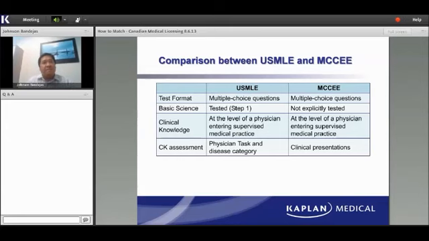They do not test you on the basic sciences because it is understood that you know them, and they are, in a way, incorporated in the MCEE questions. As I said, the MCEE covers the following areas: child health, maternal health, adult health, mental health, and population health and ethics. This is very similar to the USMLE Step 2 CK.